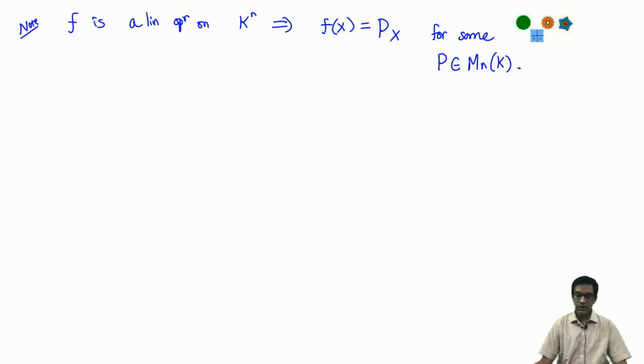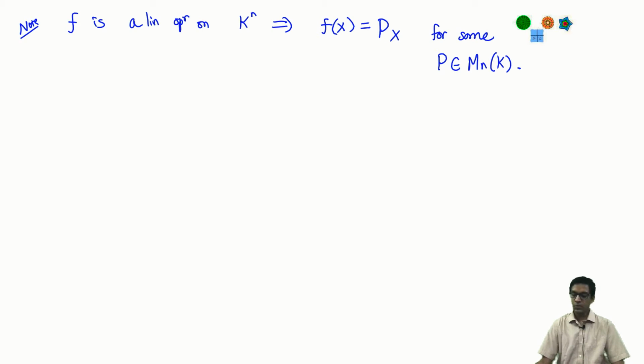Any linear operator always has a matrix, and in this case I take the standard basis and compute the matrix of f with respect to it. Then of course f evaluated on x is nothing but the matrix of f multiplied by the column vector x. So any linear operator is nothing but multiplication by a matrix P.